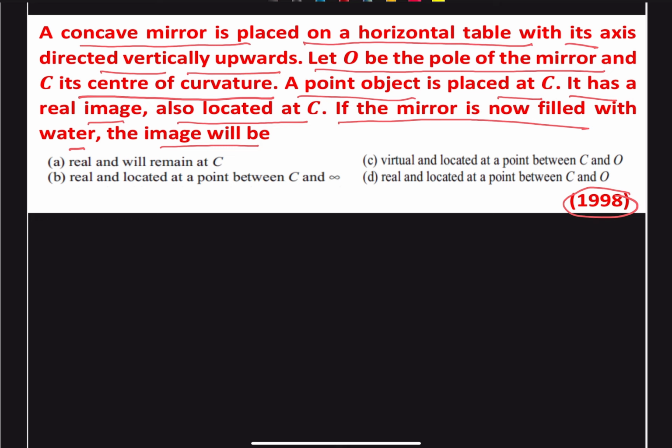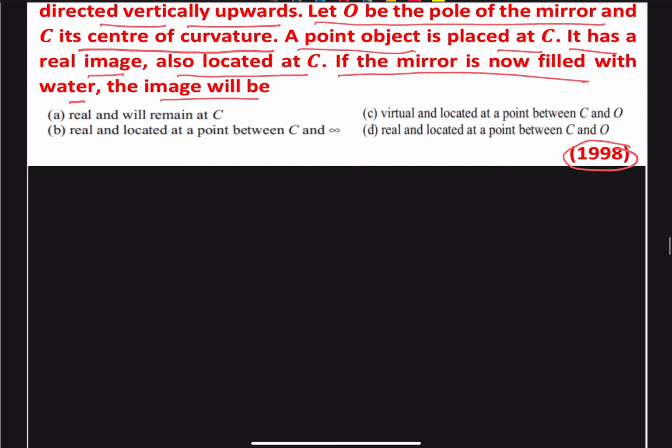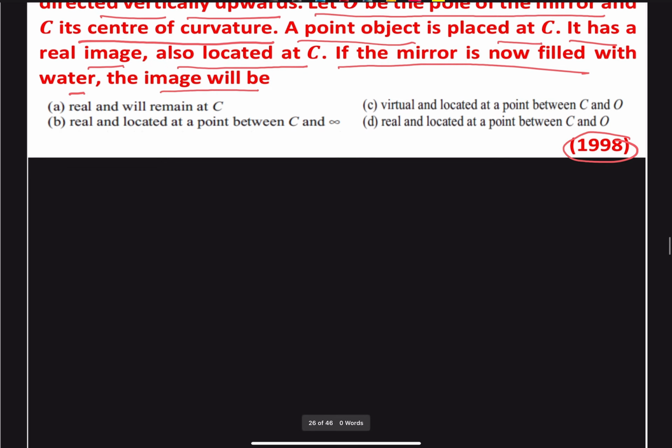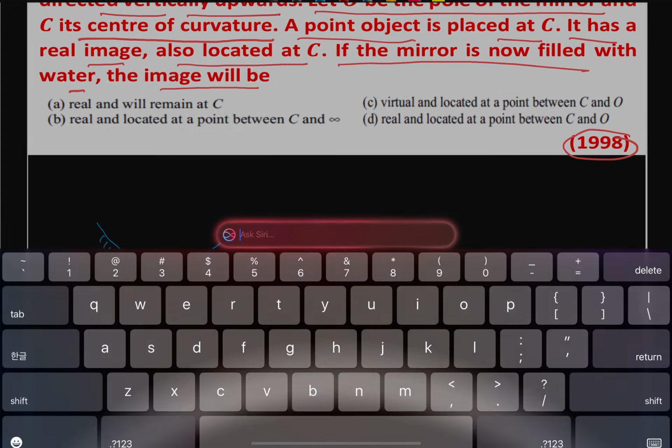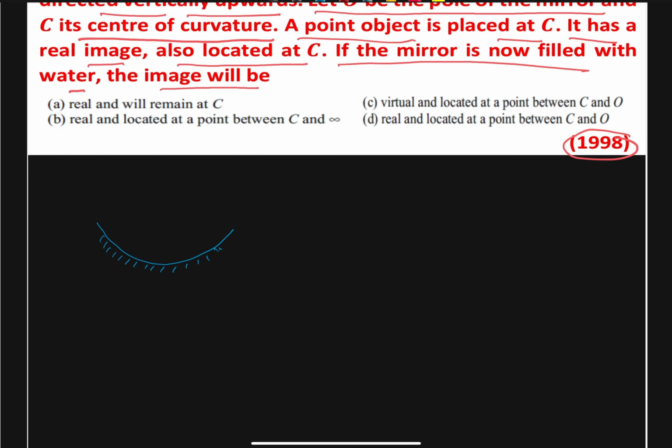Okay. And we can use that diagram in two conditions. In the first condition, we are given that we have a concave mirror which is placed on a table. So this is a concave mirror, and we have an object which is placed on the principal axis.